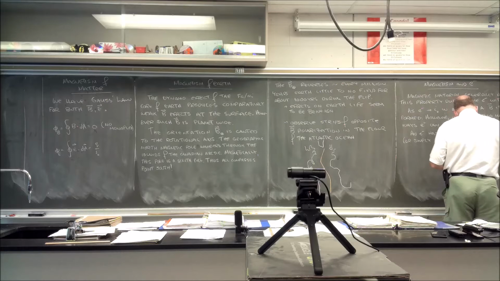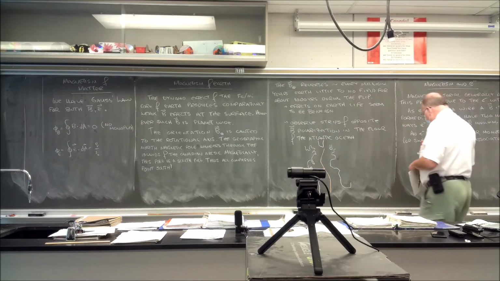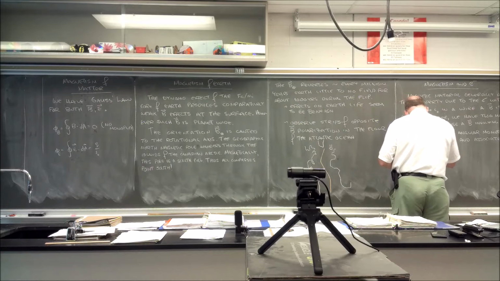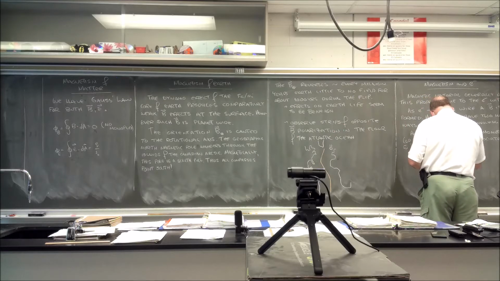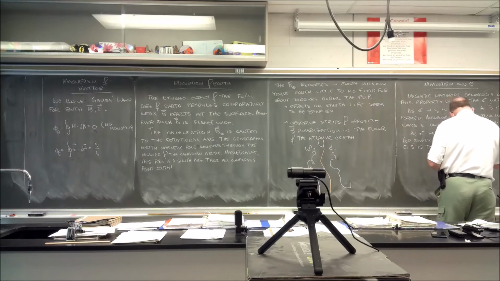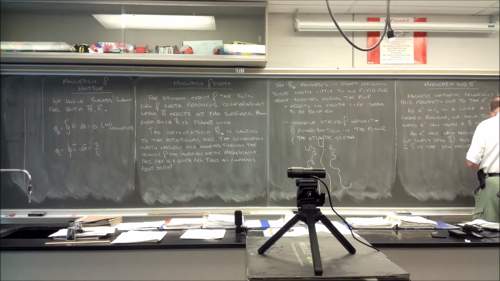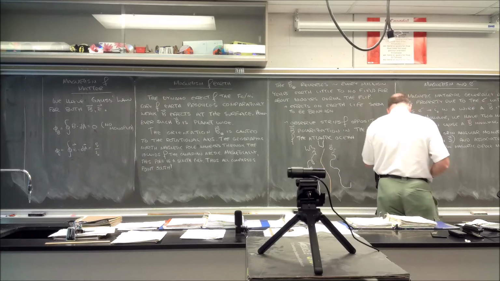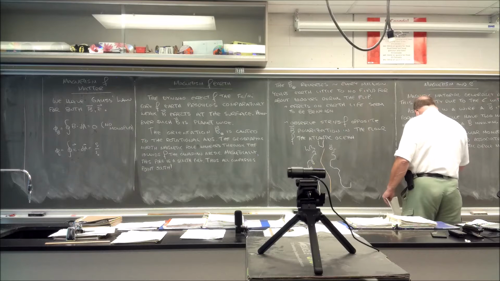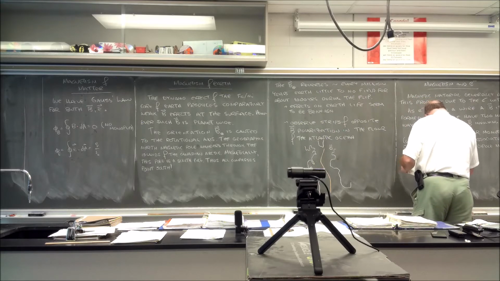And associated with spin is the spin magnetic dipole moment, quantity mu sub s, where mu sub s is equal to minus e over m times the S vector.